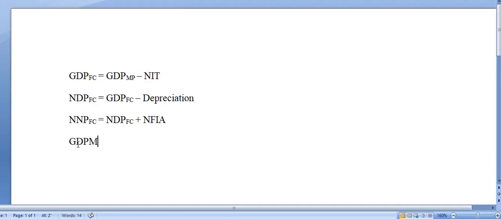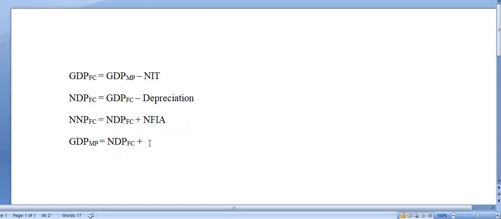You already have NDP FC, but from NDP FC you want to calculate GDP MP. Now this is net. As I already said, the first letter will tell you whether it is gross or net. So it is already net, and you need to convert this net to gross.